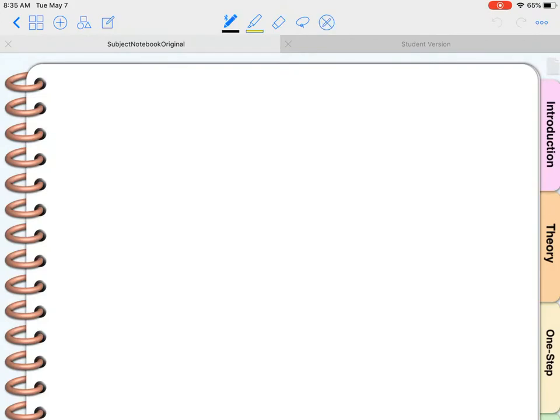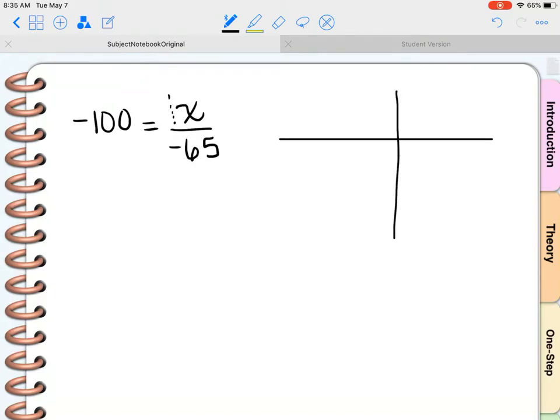Let's do negative 100 equals x over negative 65. So we're going to put a 1x right there, and we're ready to solve. The negative 100 is the constant side.